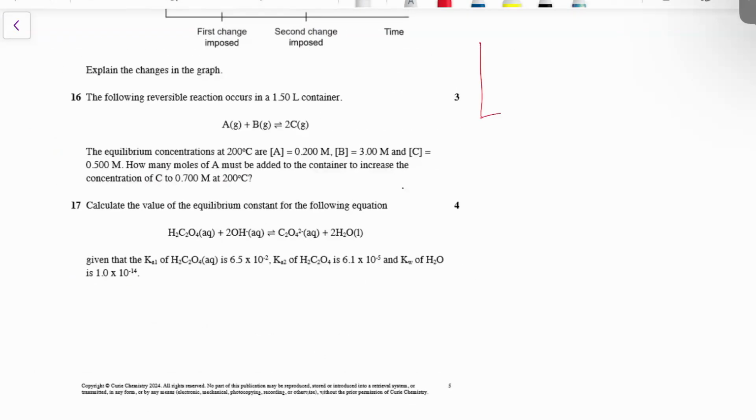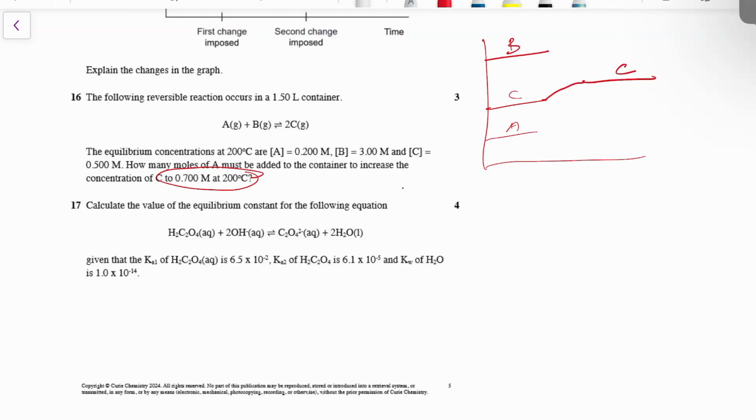So this is A at 0.2, C is 0.5, and then B is somewhere up here. The question is saying we want to get the C concentration to 0.7, which is somewhere here, so it goes up like this.